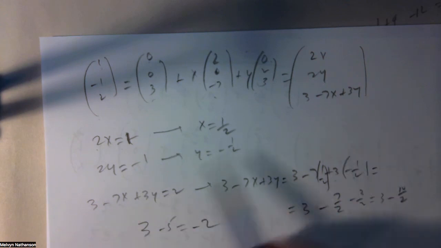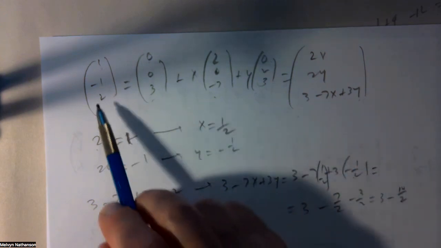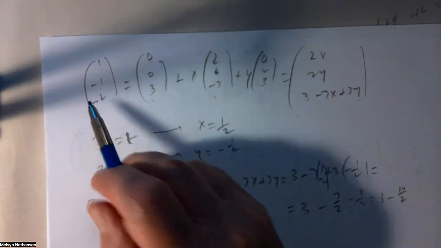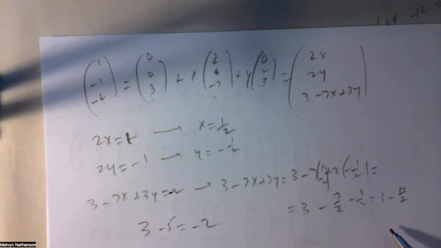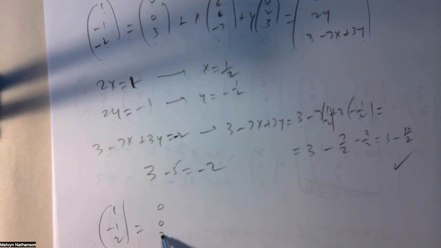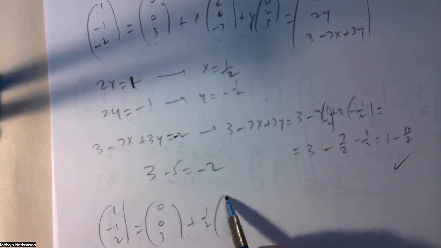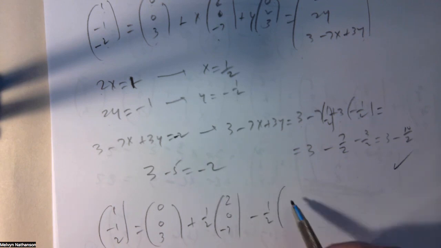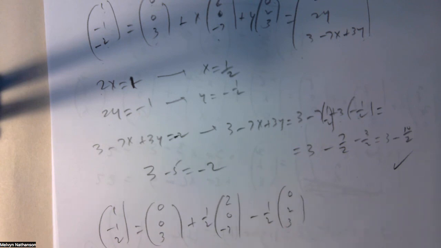Perfect. 3 minus 7x plus 3y is supposed to be minus 2, equals minus 2. So that's correct. So the linear combination is (1, minus 1, 2) equals (0, 0, 3) plus a half times (2, 0, minus 7) minus a half times (0, 2, 3). That's problem 2.